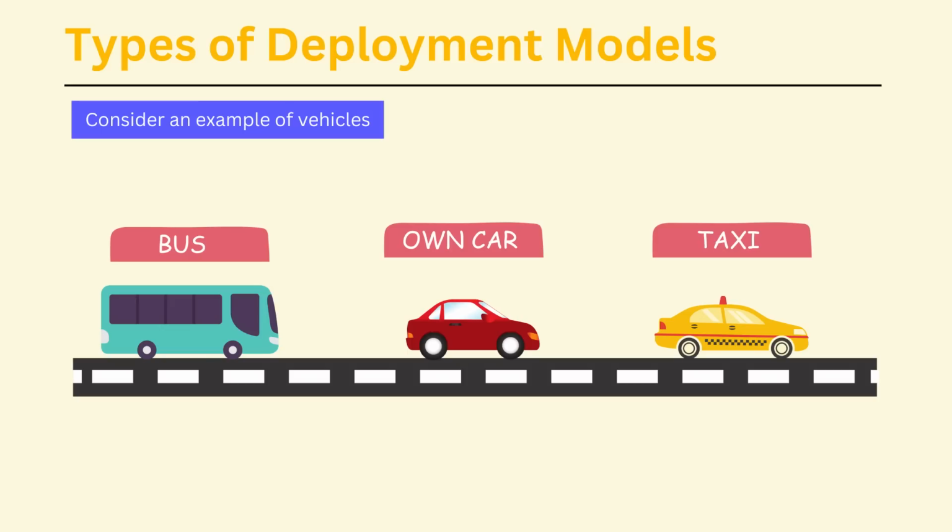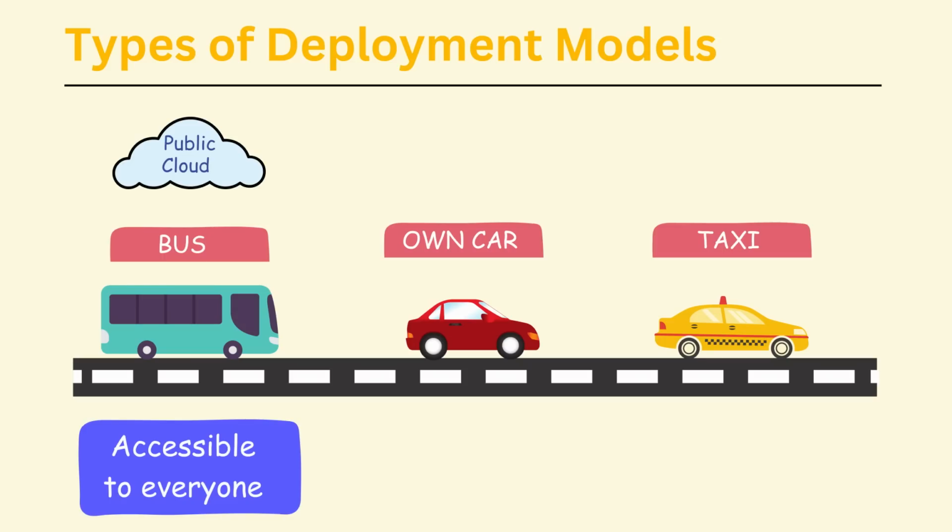It'll be easy for me to explain, and also it'll be easy for you to understand, if I walk you through this example. Consider the different types of vehicles we use to commute from one place to another. For example, if I want to travel, I can pick a bus which is accessible to anyone.